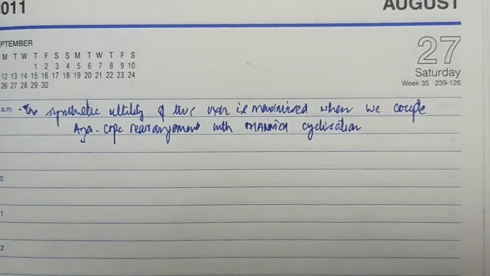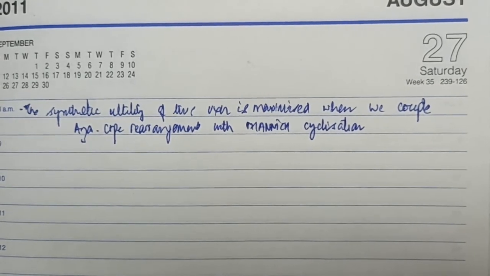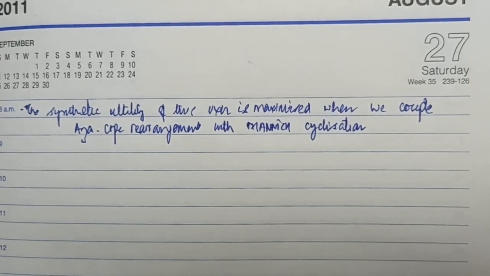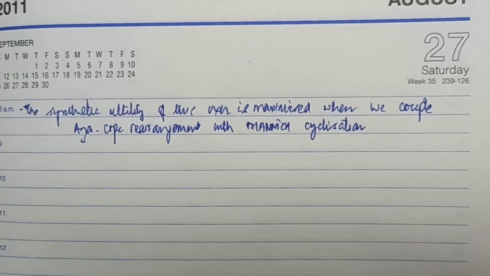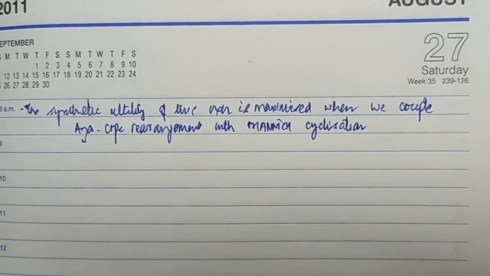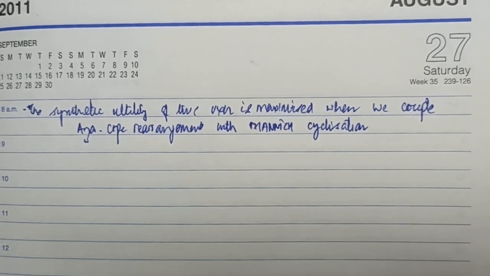These are extremely favorable reaction conditions. If we use azacope rearrangement and Mannich cyclization reaction, then we would end up with the formation of desired heterocyclic products, which occurs under mild conditions, has good diastereoselectivity, and has a wide range of synthetic applicability.